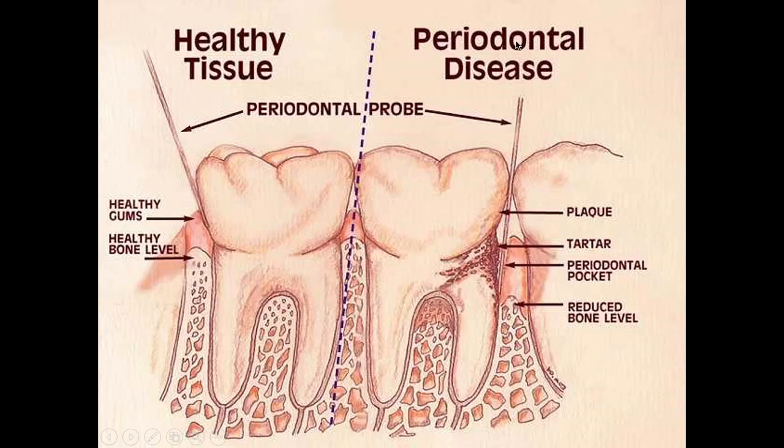But when periodontal disease occurs and the plaque and the tartar accumulate around the neck of the tooth, here is the periodontal pocket.